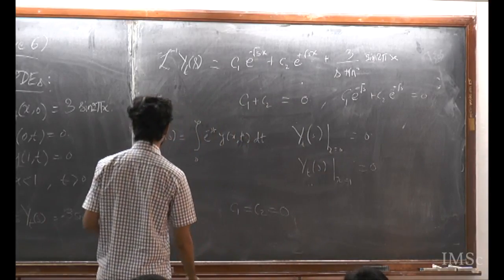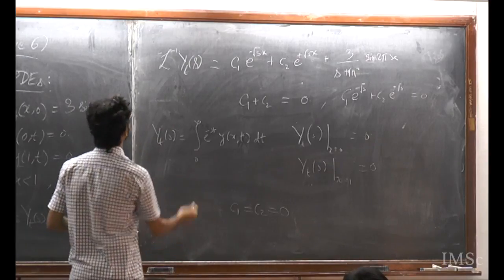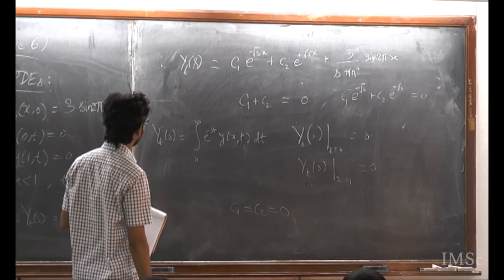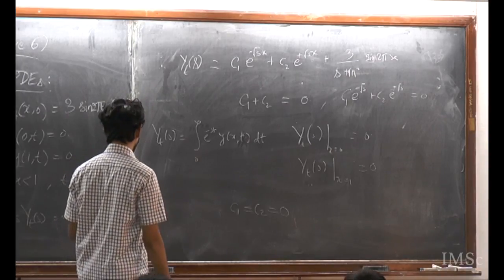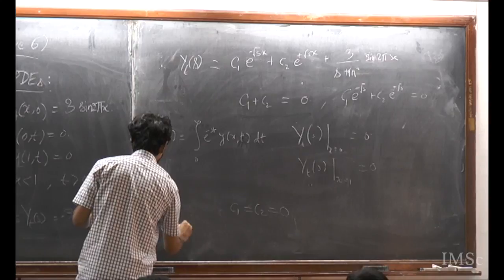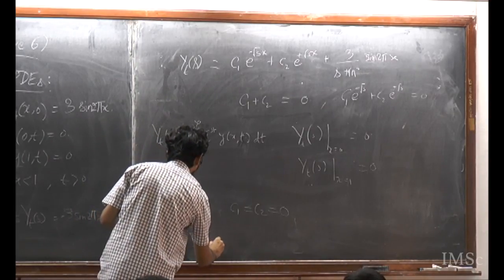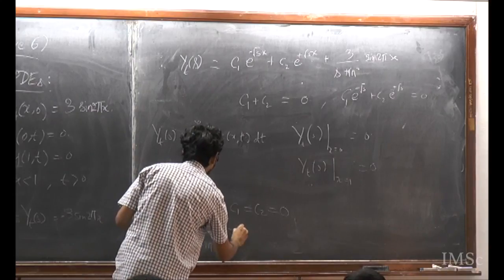So the solution is, Y is 3 by s plus 4 pi square, sine 2 pi x.